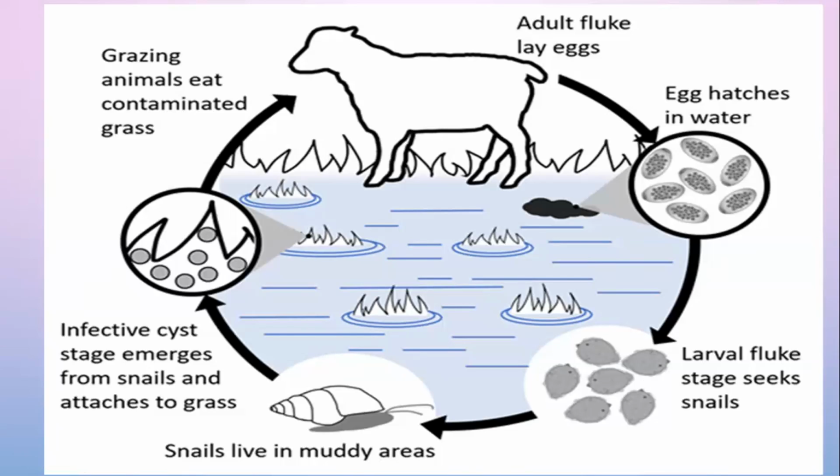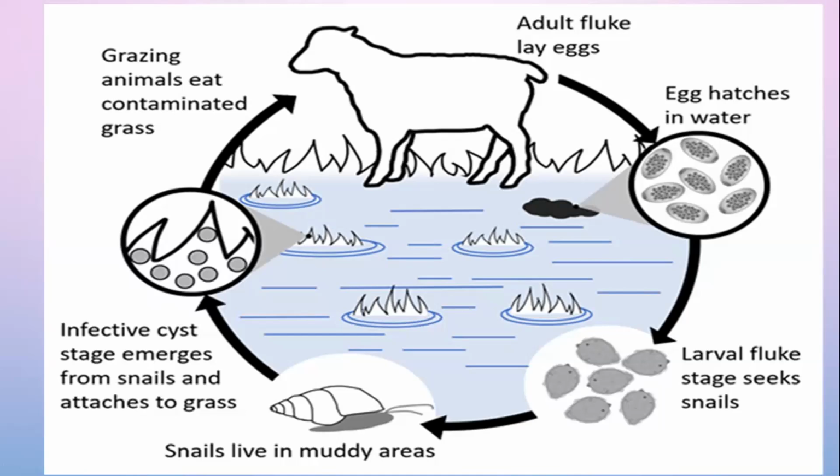After the hatching of the egg, the snail, which is the intermediate host, comes into play. The miracidia need to penetrate the snail within 3 hours, otherwise the life cycle will remain incomplete.